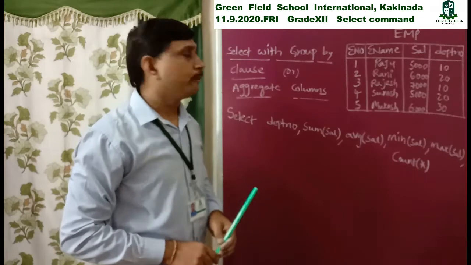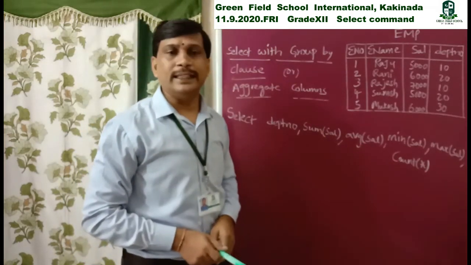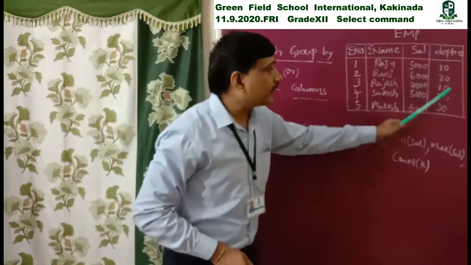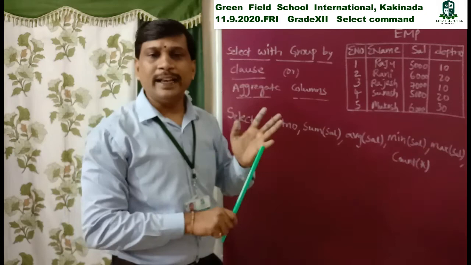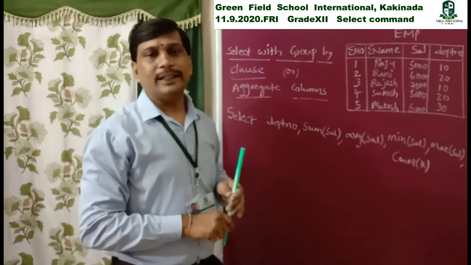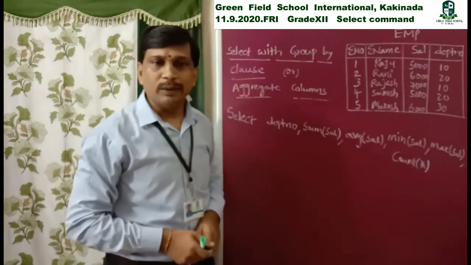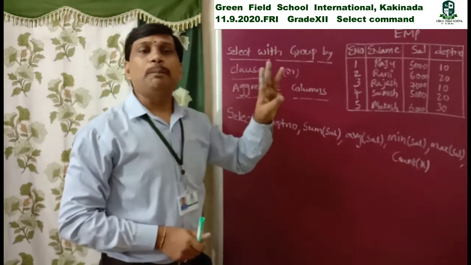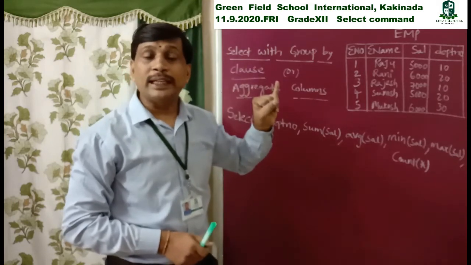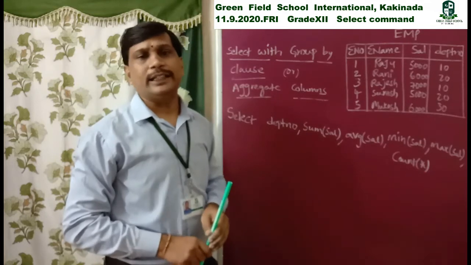So I group this entire table department number wise. How many departments are there? Total 3 departments: 10, 20, 30. So I divide this single unit table by using this grouping column into 3 parts: department number 10, 20 and 30.